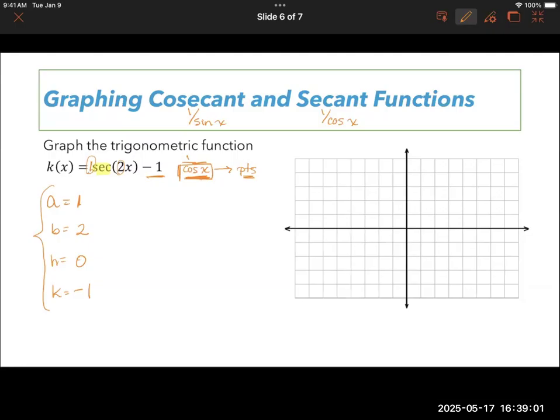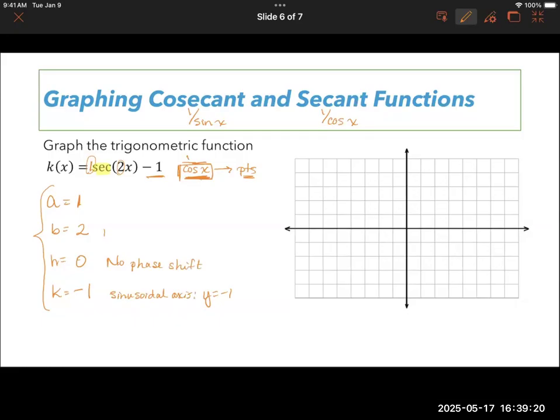So again, this means our sinusoidal axis is going to be y equals negative 1. There is no phase shift, so we don't have to worry about moving things left or right.